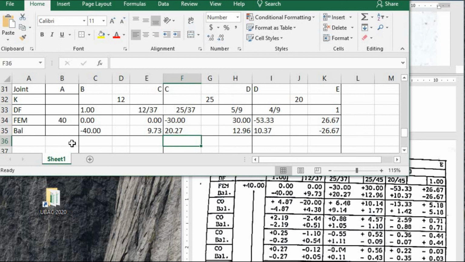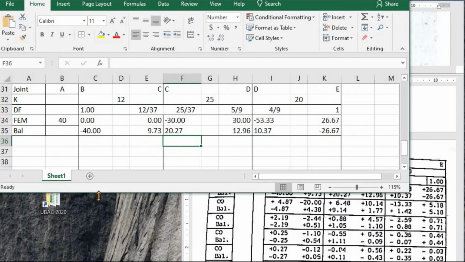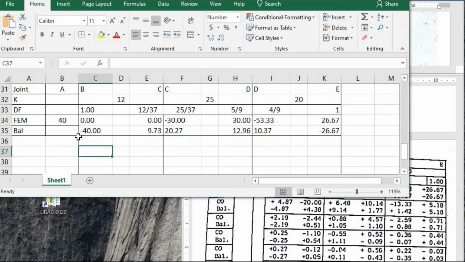Now, we can do the second cycle. For the second cycle, this is now carry over and then balance. For the second cycle, the carryover would be half of the balance moment on the other side. Okay, so divided by 2.